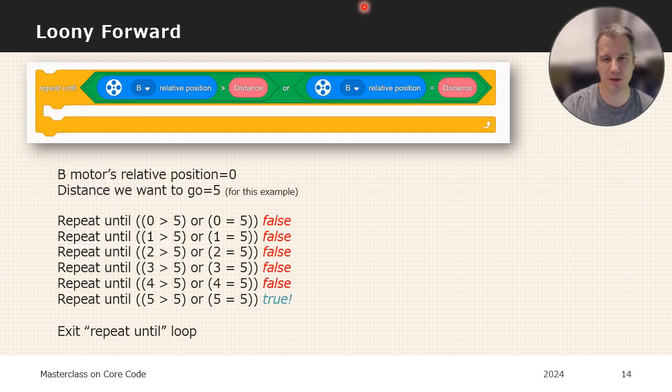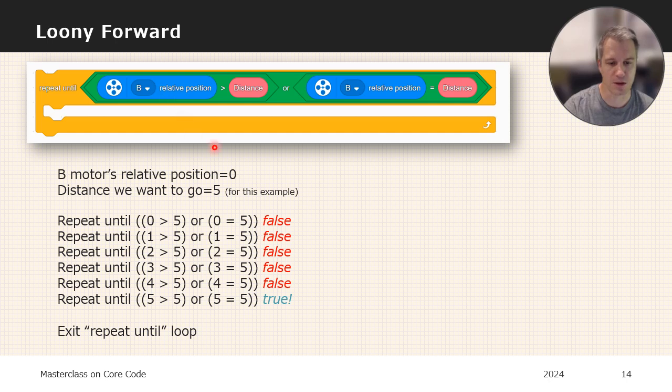All right, let's see what this would look like in real life. In the right Boolean operator here, in the right green hexagon, our code would start off with our motor set at 0, right? That's what we set it at in the beginning. Let's say we want the distance to be 5, just to make it simple. All right, the math would look like this.